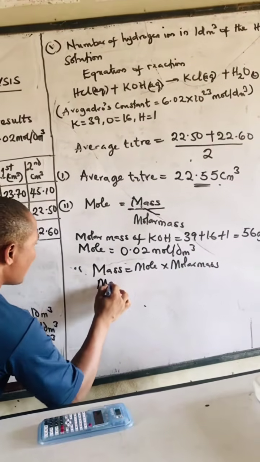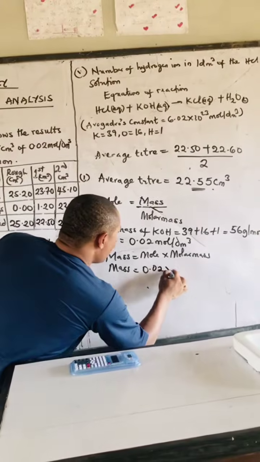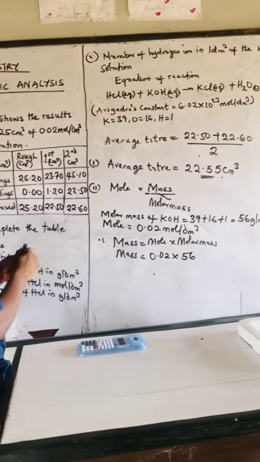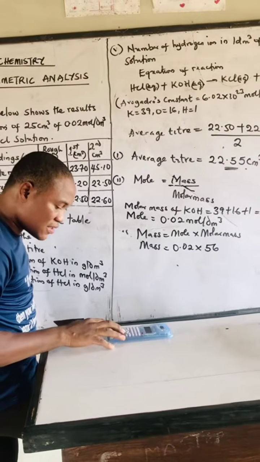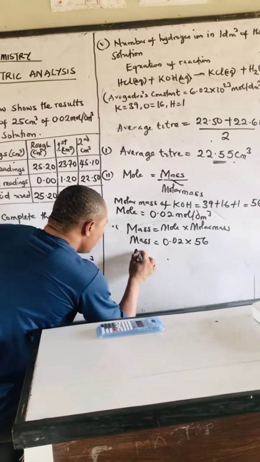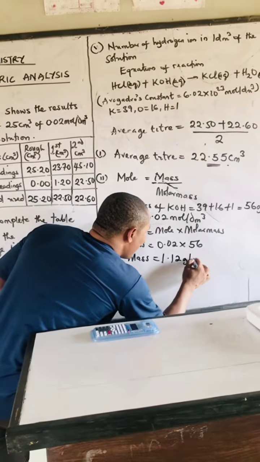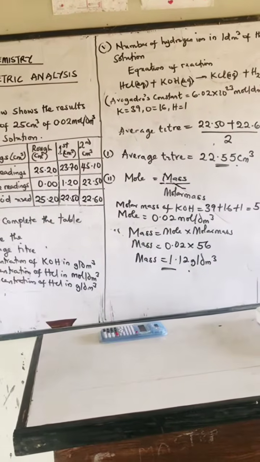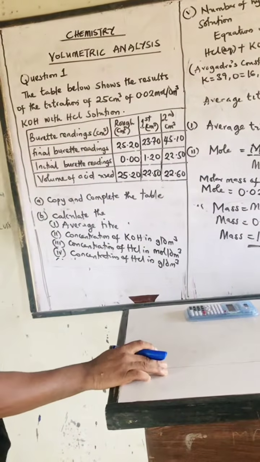What is our mole? 0.02 times, what is our molar mass? 56. So we have 56 times 0.02. We have 1.12 gram per dm cube. Very easy. So this is our concentration of KOH in gram per dm cube.